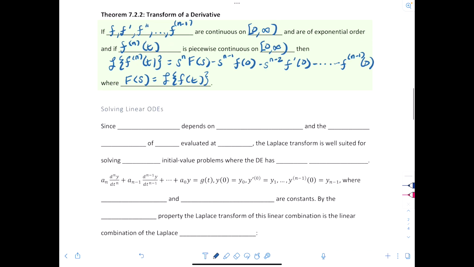All right, so solving linear ordinary differential equations.